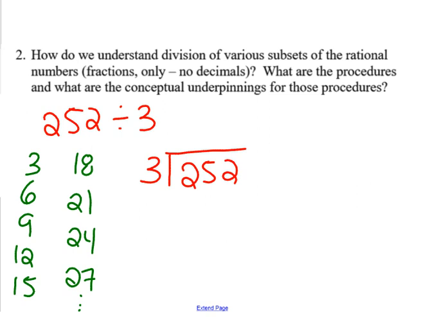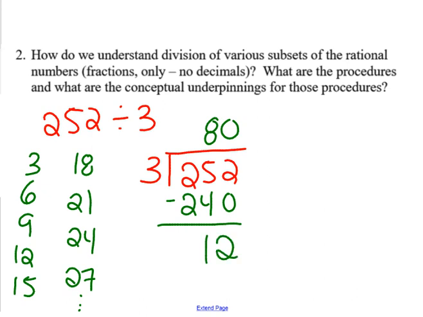So let's do this. Let's say we know that 3 times 8 is 24, and we're going to do this. We're going to subtract 240 from 252. So the question is, what 2 numbers multiply together to give you 24 when you use 3? So we know that's going to be 8. So that's the multiplication aspect of it. When I subtract, I'm going to get 12.